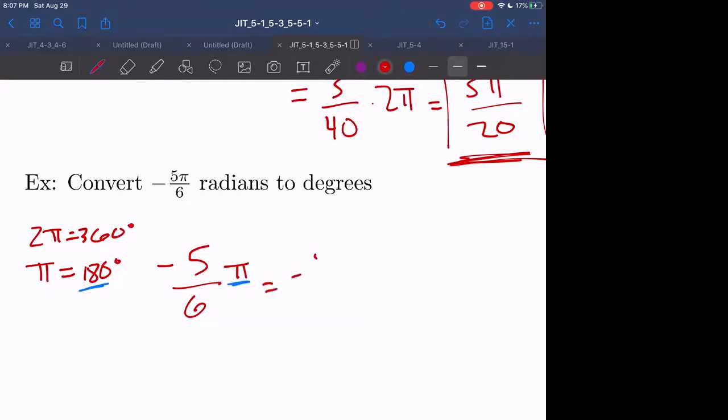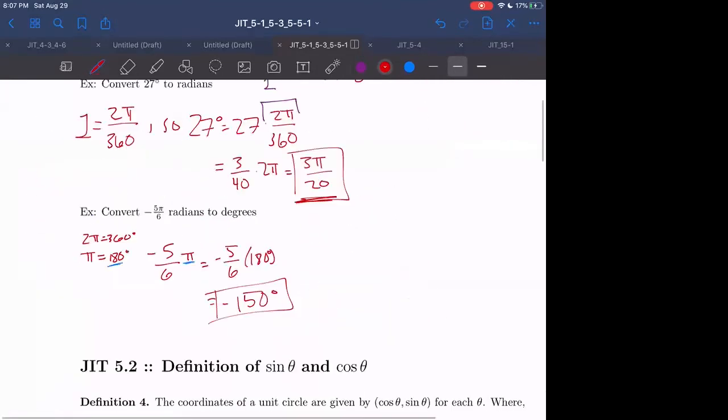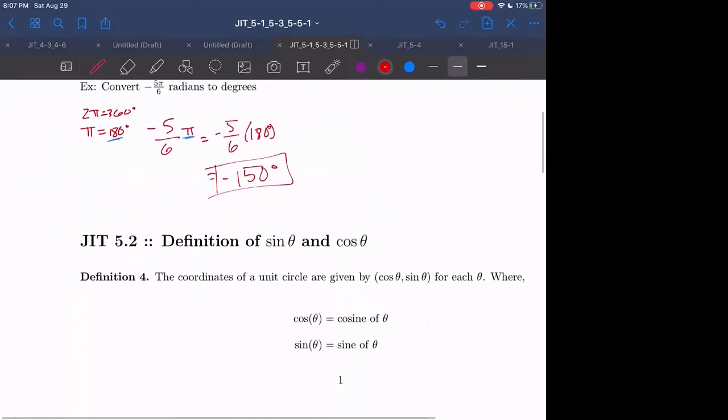This is equal to negative 5/6 times 180 degrees, which is equal to negative 150 degrees. So that's basically how we convert back and forth.